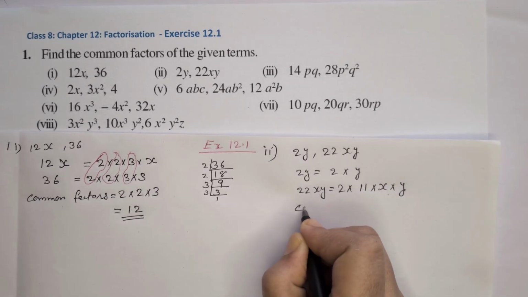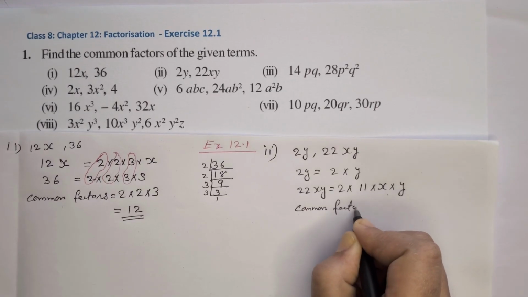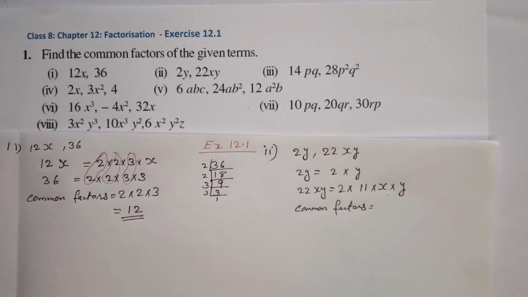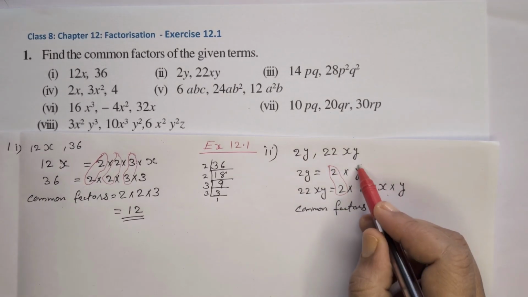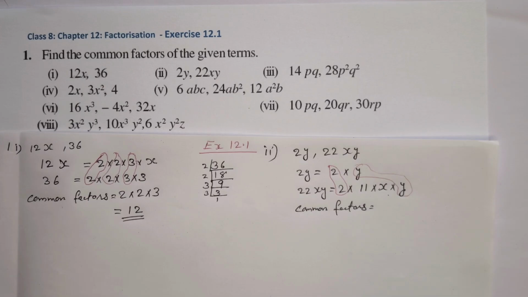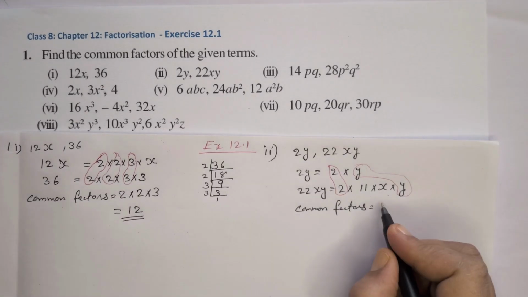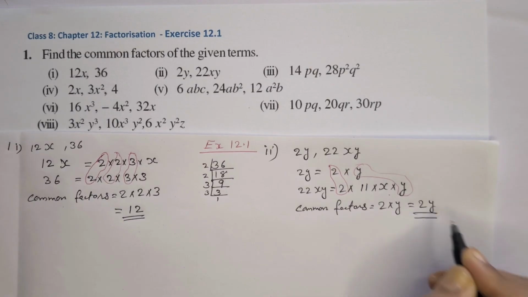From there, common factors. Here the common factors are one set of 2 and one set of y. So the common factor is equal to 2 into y, which means 2y.